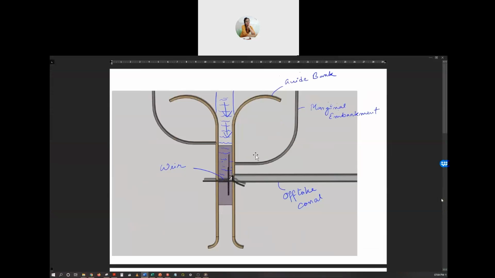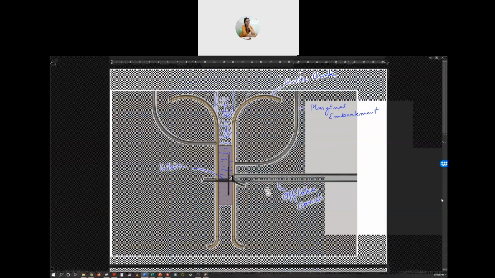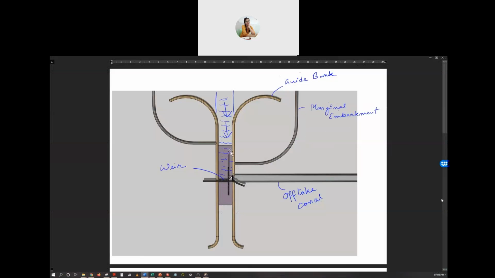So this here is the river, and this is the guide bank or the embankment that is provided to protect the bank. And this is the weir, this is the divide wall, this is the canal headwork, and this is the canal from which to which water is supplied.